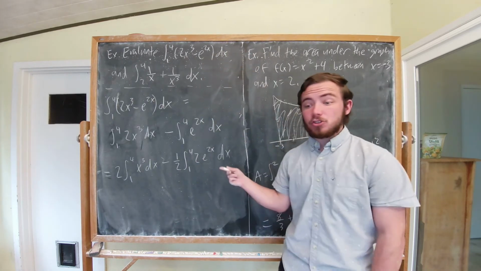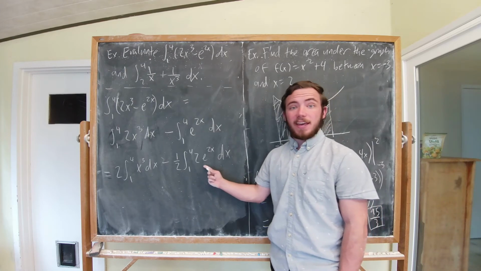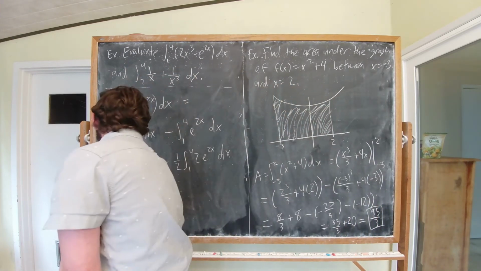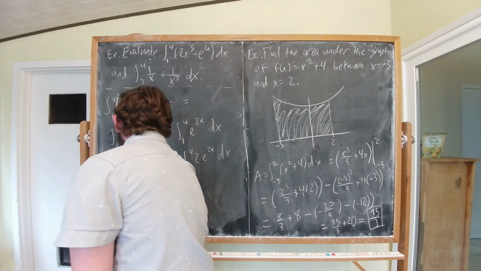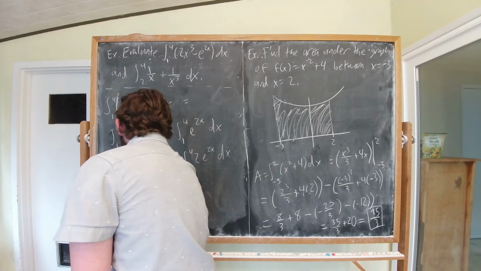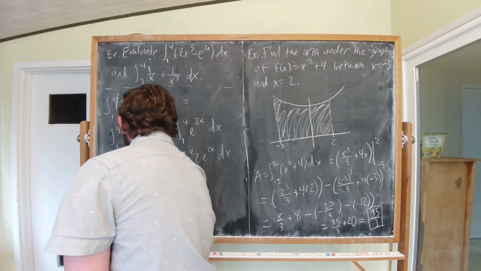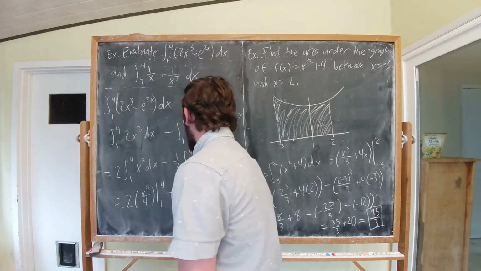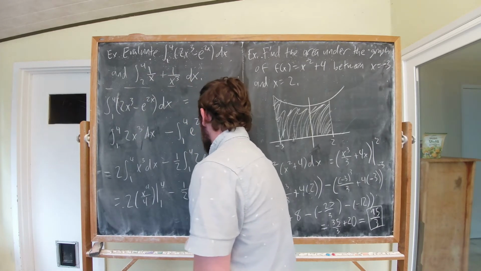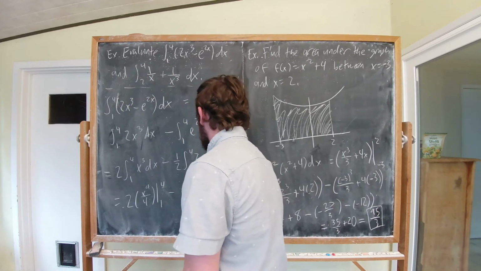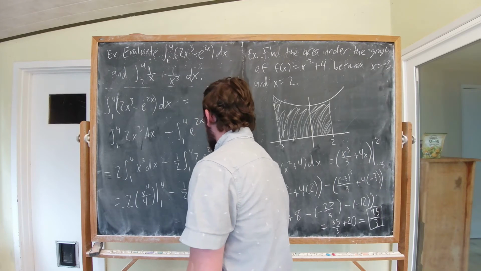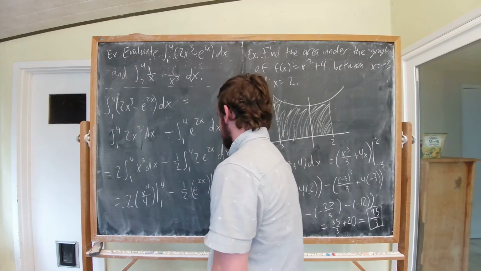Good exercise to make sure you understand u subs properly here. This will become 2 times x to the 4th over 4, evaluated from 1 to 4, minus 1/2 times e to the 2x, being evaluated from 1 to 4.